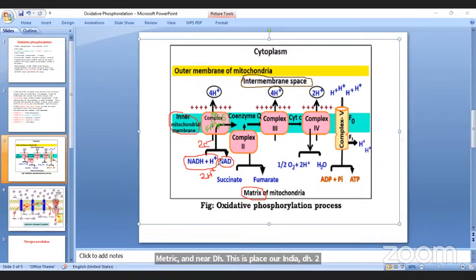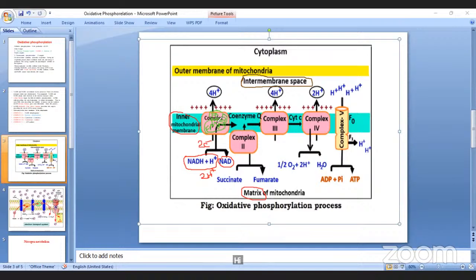As a result, 2 electrons and 2 protons are released. These 2 electrons are sent one by one to complex 1. First they are received by FMN, next by ferrous sulfur.